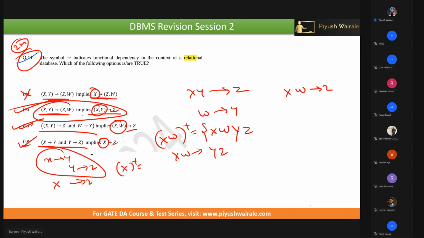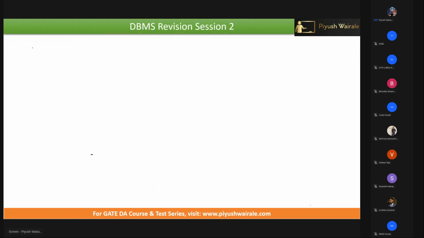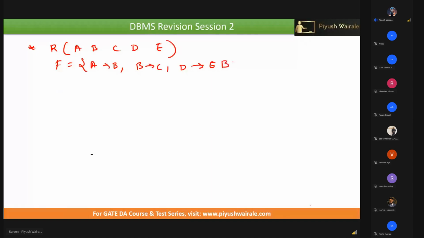Let me create one example here. Let's say I have R(A, B, C, D, E), and the functional dependencies are A determines B, B determines C, and D determines E. And let's say, for example, D determines EB. We have this FD here.